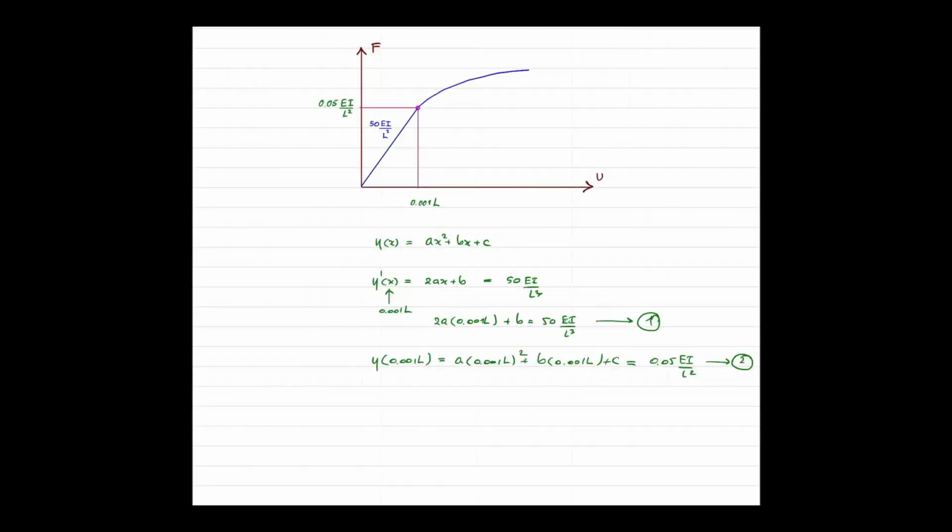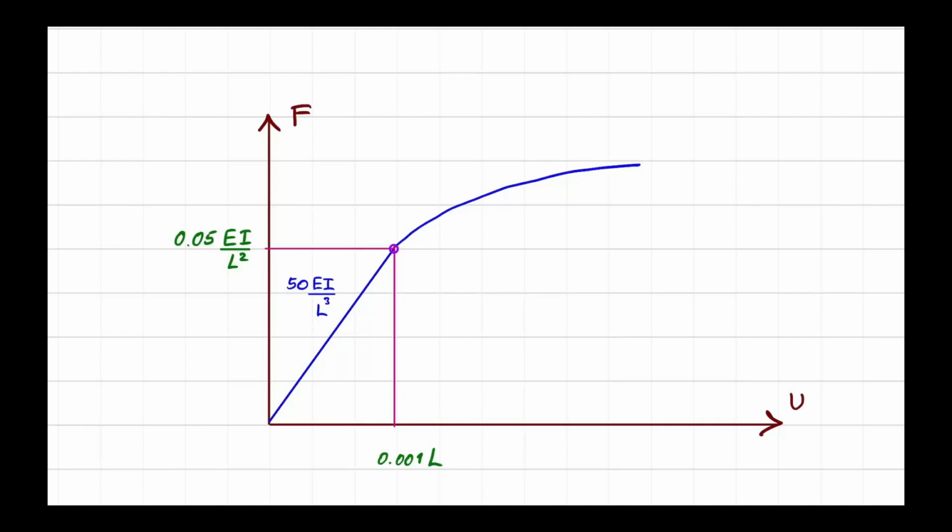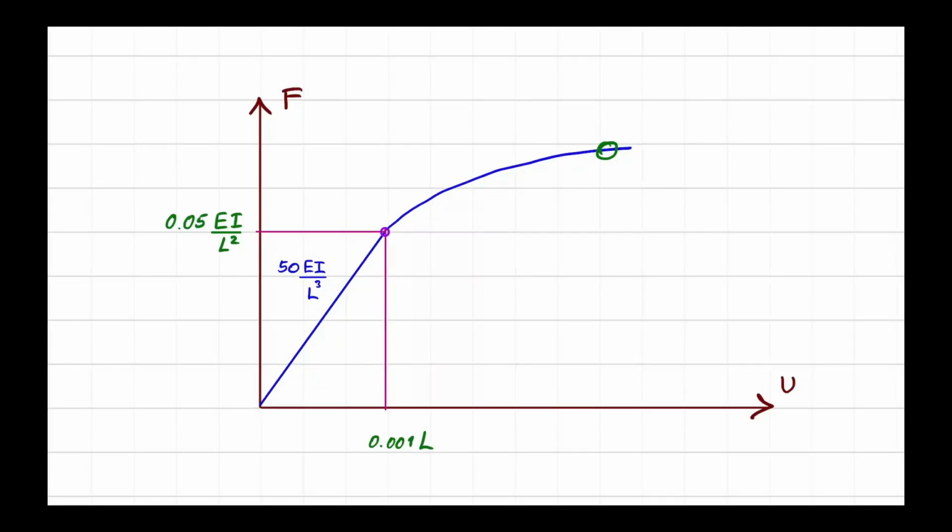Parabolic, you have 3 unknowns. So another point, it will be just sort of an arbitrary point I pick here. Well, let's see. If this is 0.001 L, I guess somewhere here might be a nice place, 0.001, 0.002, 0.003. Okay.